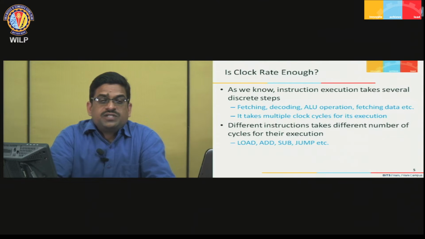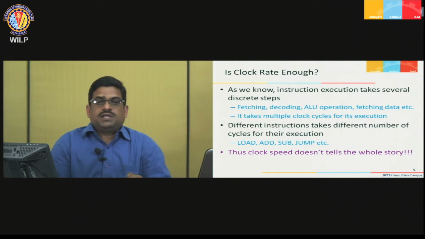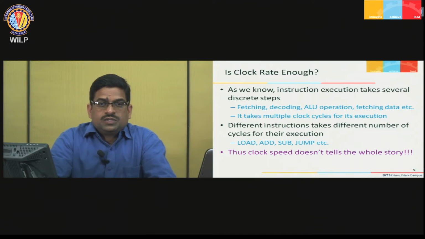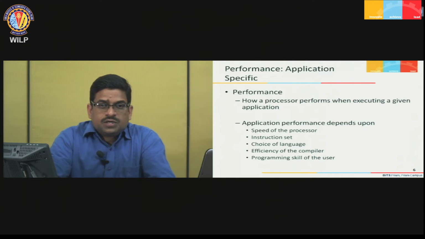So any instruction for which the processor has to interact with the IO module or memory module will take more cycles compared to an operation which is completed in the processor itself. So different sets of instructions will give different execution times, and then we cannot say that speed is the only criterion for measuring performance. So the conclusion is that clock speed does not tell the whole story. Now we come to performance, which is application specific.